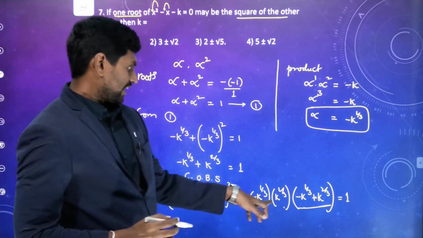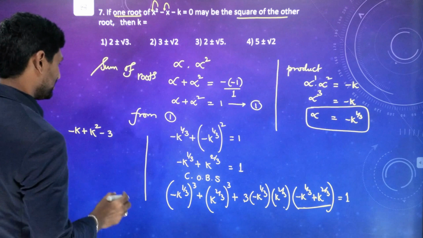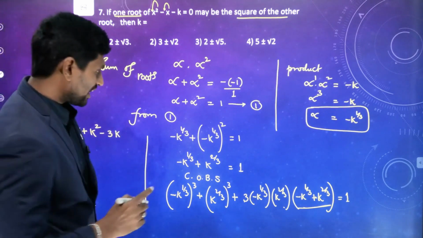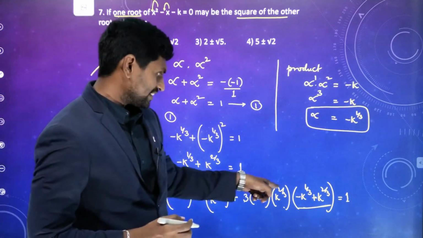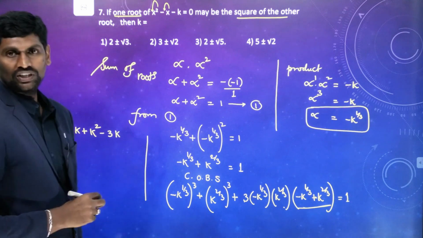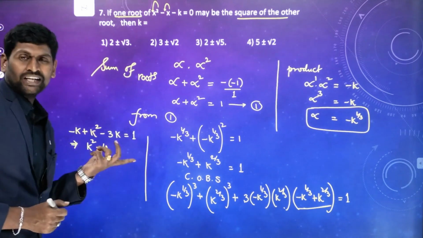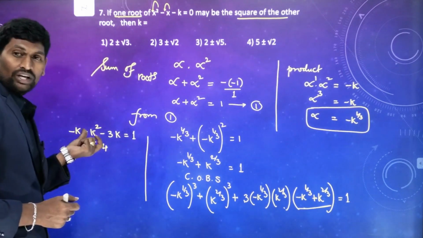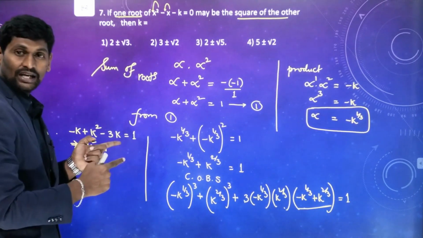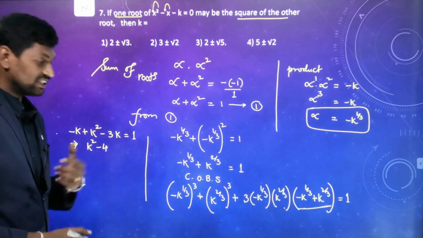3k into k means if the bases are same, we can add the exponents. 1 by 3 plus 2 by 3 is nothing but 3 by 3. 3 by 3 means k only. So I am writing according to the order. First square number, that means k square, then k term and constant term.